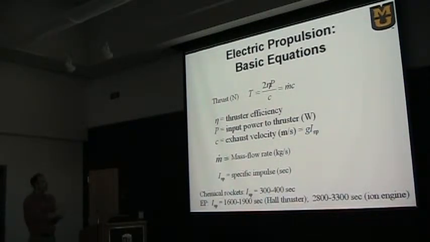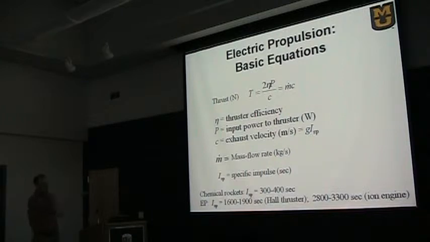And then c is the exhaust speed, and it's usually written in terms of this term called specific impulse, which is a characteristic of the type of propellant, the type of engine. Just to put it in perspective, chemical rockets have specific impulses between 300 and 400 seconds. Electric propulsion devices, there are 2 main devices, a Hall thruster and an ion engine, and they have specific impulses about 10 times higher.